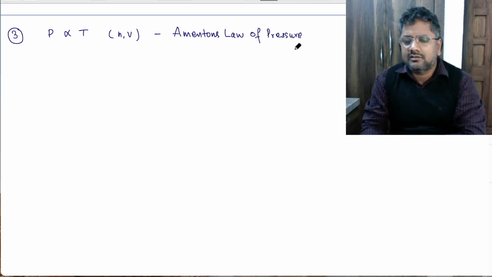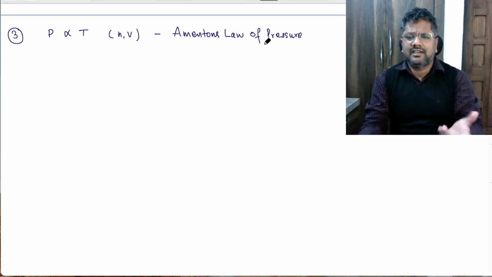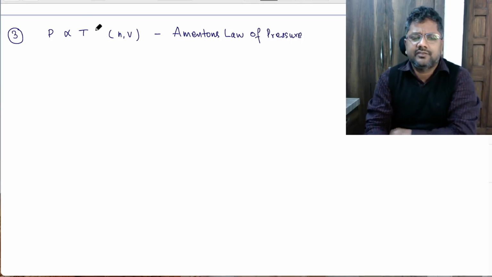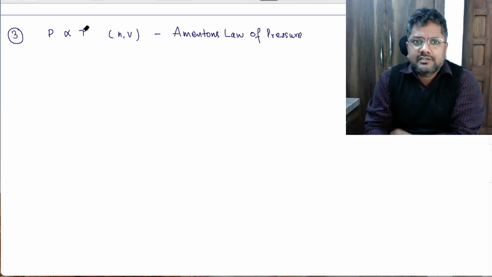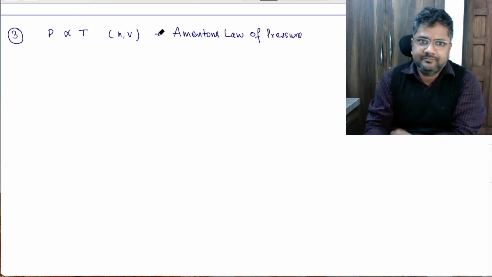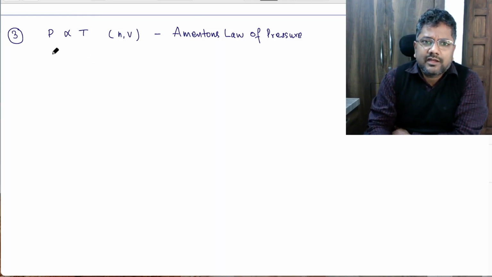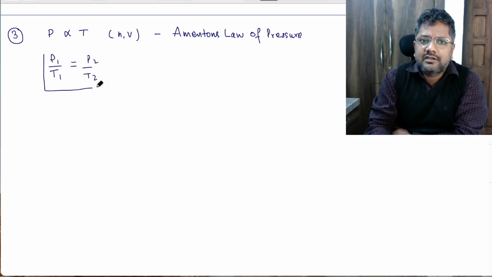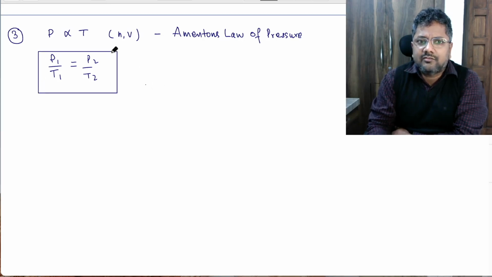Although we are not recognizing this as a separate law, because we can find this out with the help of what? Boyle's law, basically, right? So you can write here P1 by T1 is equal to P2 by T2. So that's why I'm not giving much focus on this. I'm just writing the formula.